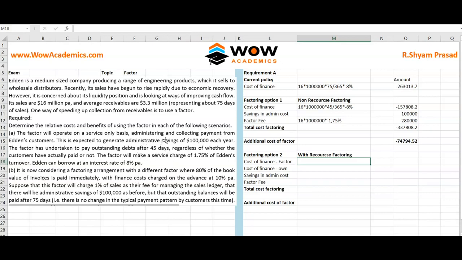In the first factoring, that is non-recourse, in 45 days the factor will collect the receivables and give it to the company. But here this factoring will take 75 days to collect it. That is, there is no change in the typical payment pattern by customers this time. So the customers will take 75 days of time.